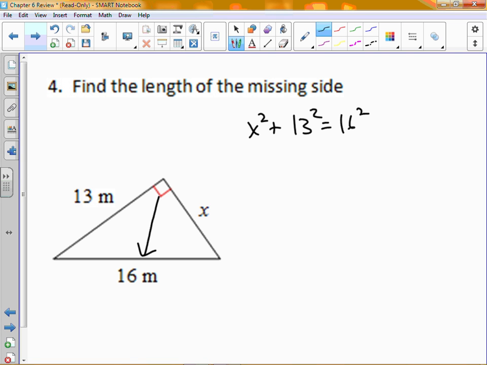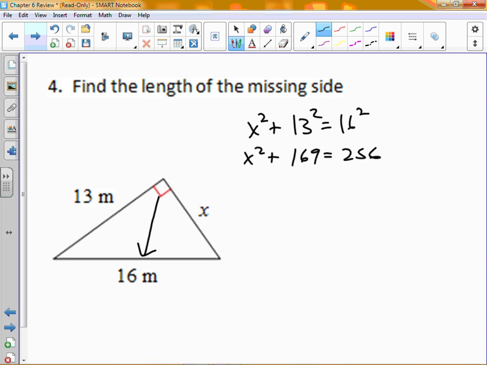So 16 squared. So x squared plus 13 squared equals 16 squared. Okay, now let's work this out. So x squared plus 13 squared, anybody? 169 equals 256.